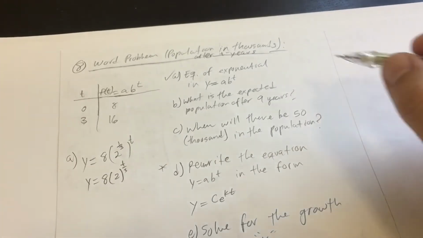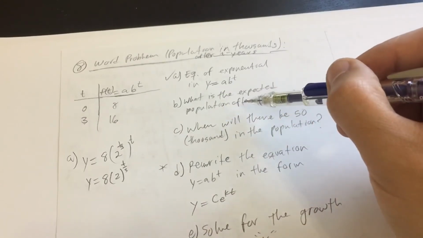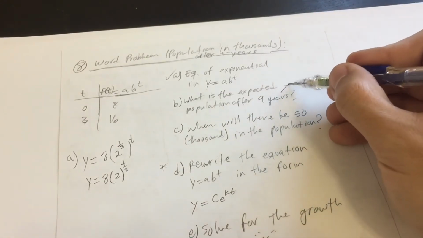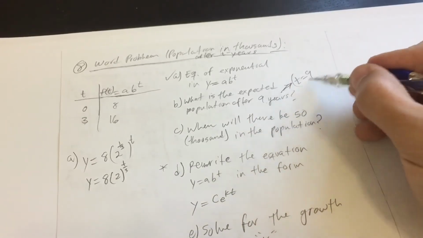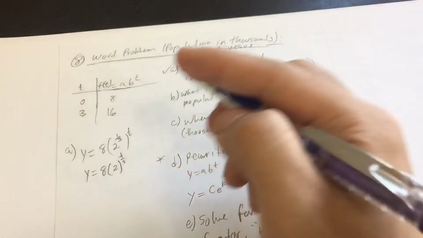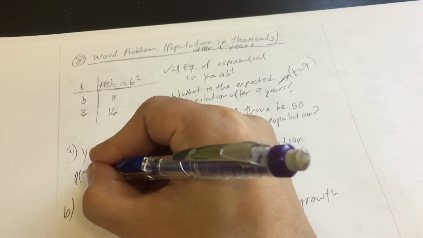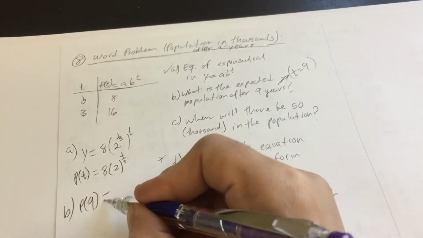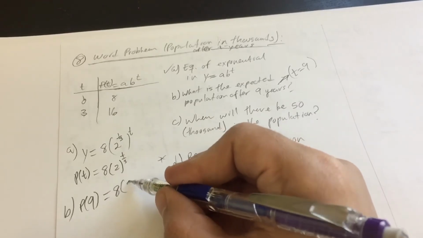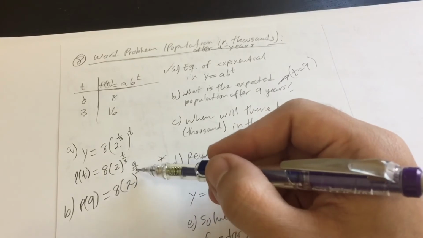Okay, next, letter B. What is the expected population after 9 years? So remember that this means, what variable is that implying? 9 years implies t equals 9. Therefore, we have an equation now that we can just evaluate. Oh, my bad. This is supposed to be P of t. Population after t years. Therefore, we want population after 9 years, which is a times 2 to the 9 over 3. 9 over 3 is the same as 3.